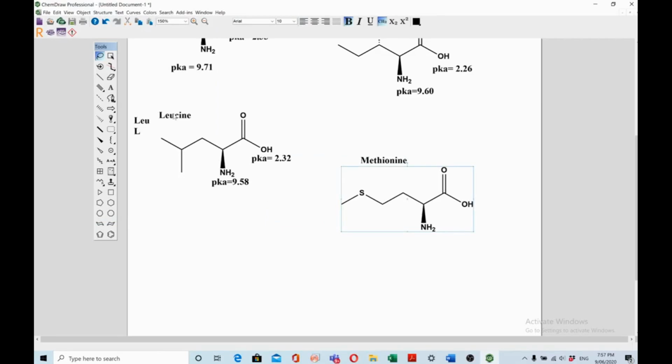Methionine has the three-letter code MET and the one-letter code M. The pKa of the acid group is 2.16, and the pKa of the amino group is 9.08. This is a hydrophobic part.